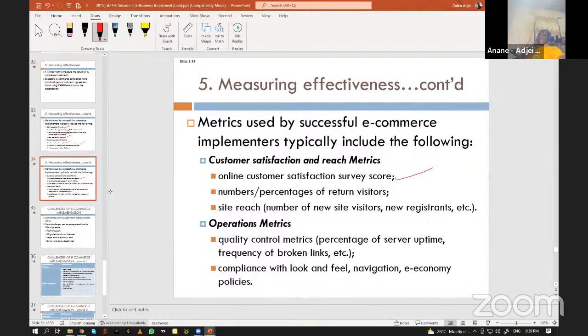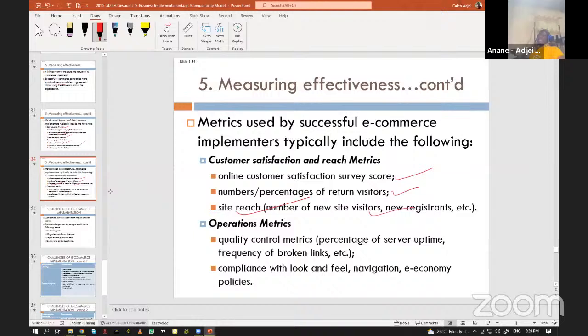The number and percentage of return visitors, those who came to buy from us the previous day, how many of them are coming back again? And also the site reach, the number of new visitors that visit our website on a daily basis. How many people come to our website just to look at things or to register and buy something from us? So all those metrics will help us to know how successful our e-business or e-commerce has been.